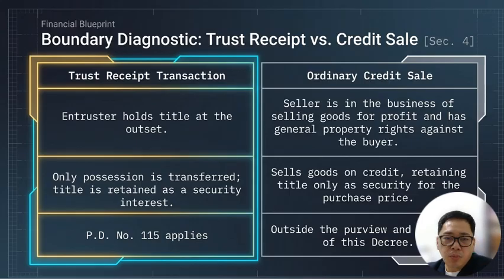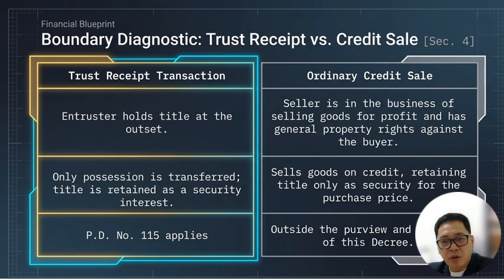So next would be diagnostic 2, the ordinary credit sale outside the boundary. So Section 4 expressly carves out ordinary credit sales, completely removing them from the coverage of the decree. A transaction crosses the boundary into an unregulated credit sale if it fits these specific characteristics.